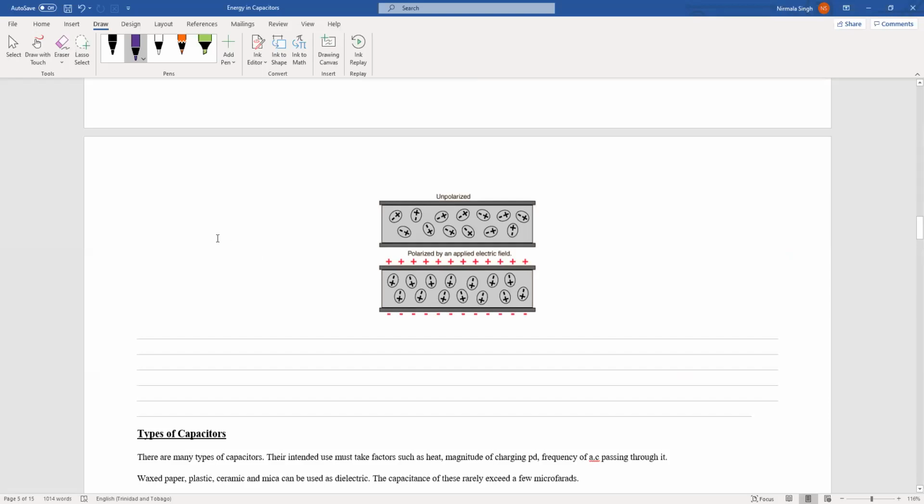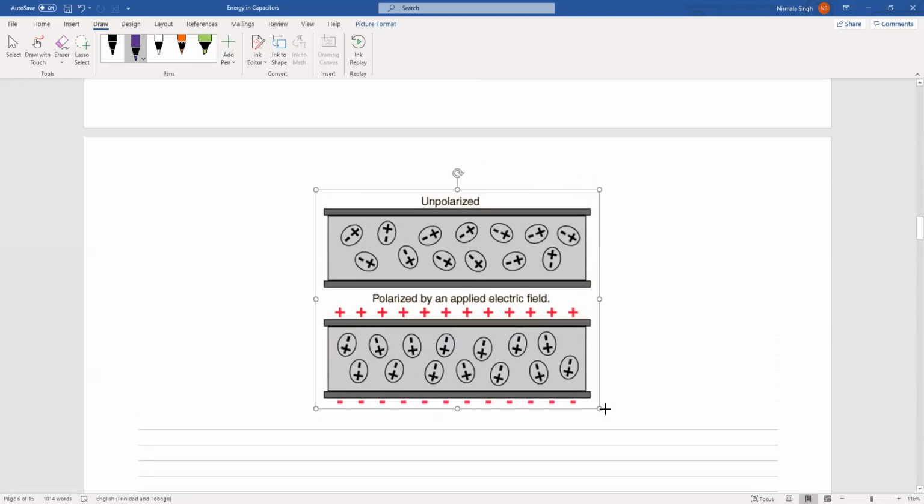So here, let's just look. We have some unpolarized materials. That means you have the plus and negative sides in any direction whatsoever. There's no alignment of anything. Doesn't this look exactly like how magnets are?